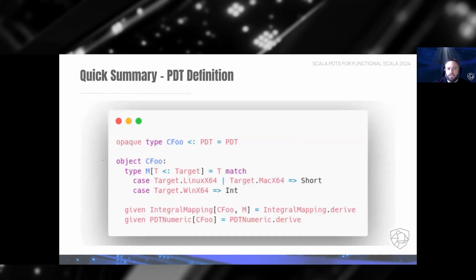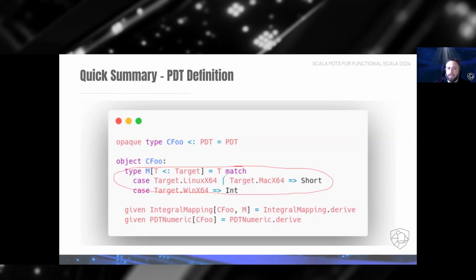So just a quick summary, this is how everything works together. Here I'm defining just a type Sifu that I've just put together at random, and we do the match type here, and then just do the derivation of the mapping and the numeric.